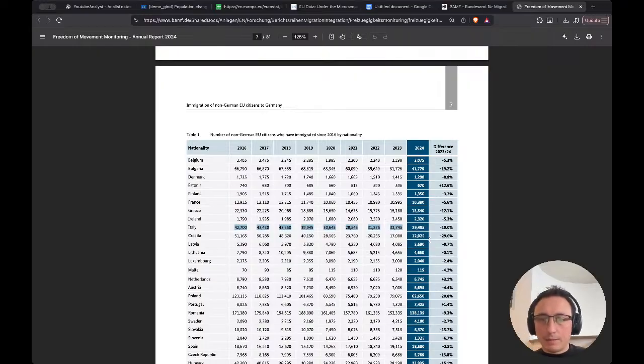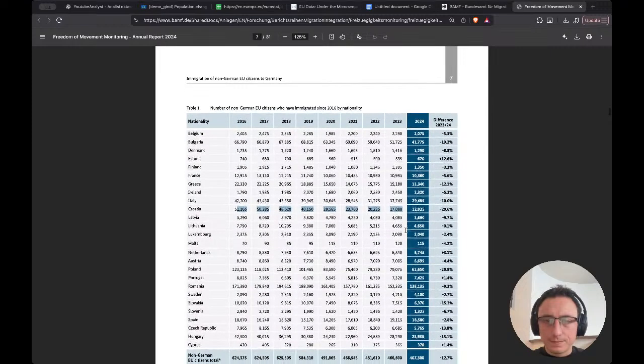An incredible number of fellow Italians, as you can see. An incredible number of Bulgarian people, Croatian, Romania.